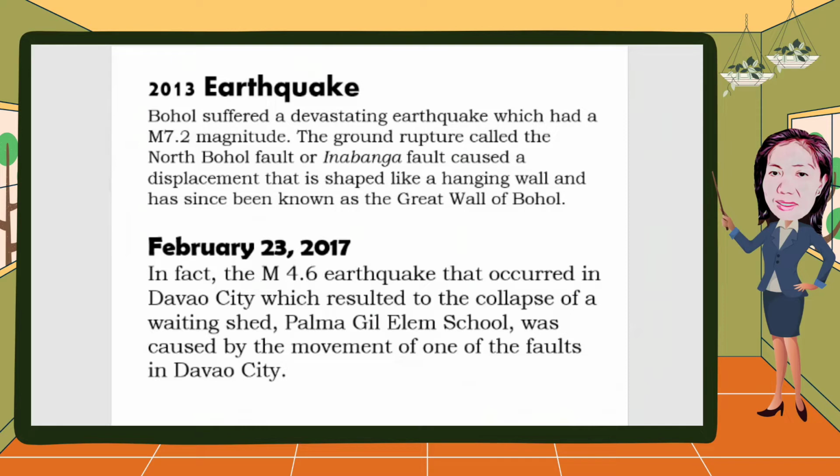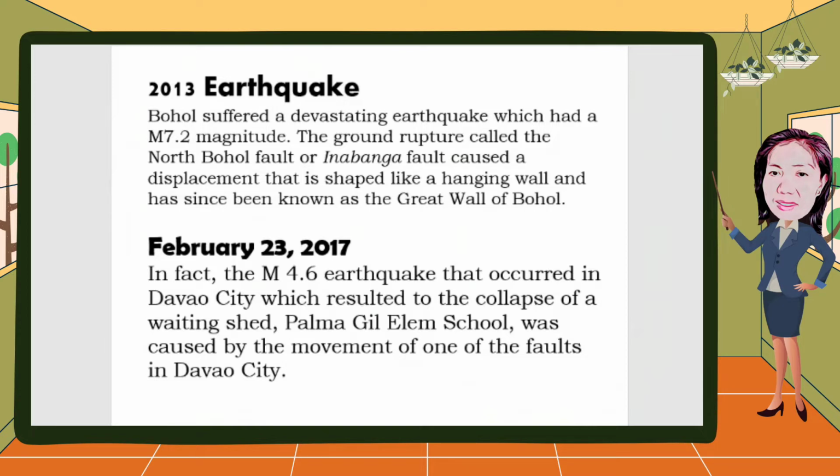The ground ruptured along the North Bohol Fault, or Inabangan Fault, which caused a displacement shaped like a hanging wall and has been known as the Great Wall of Bohol.